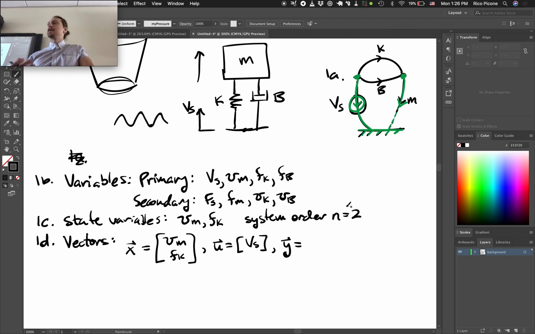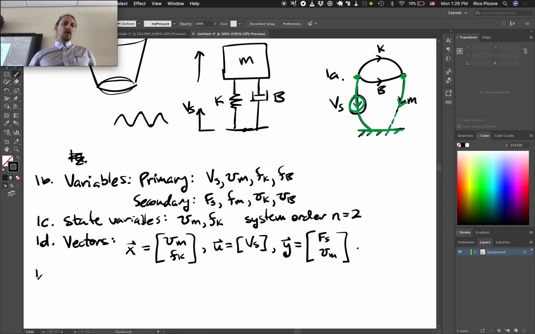So what is the force that my hand has to apply to the cup? That might be interesting to know. So let's say that Fs is an output. And let's also throw in another one for fun, Vm, the velocity of the mass. See what's happening with that sloshy mocha. So those are our outputs.